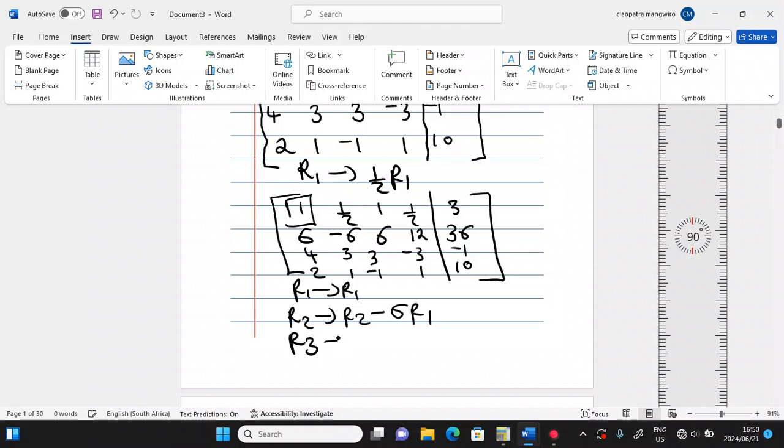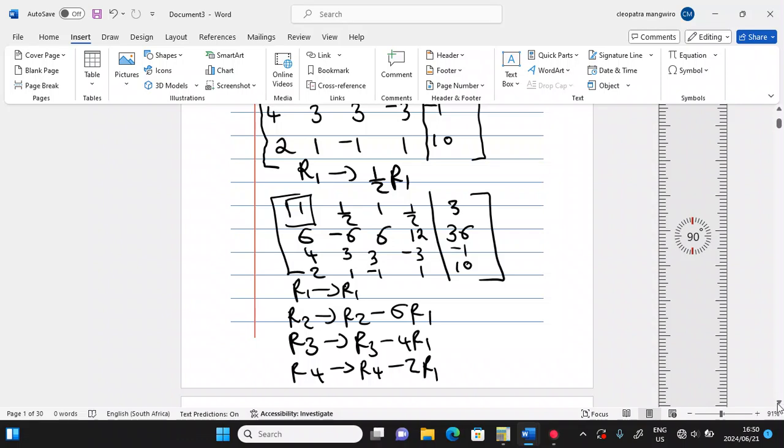Row 3 is given by row 3 minus 4 row 1. Then row 4 is given by row 4 minus 2 row 1. So that below the pivot must be 0. We apply this formula for row operations.